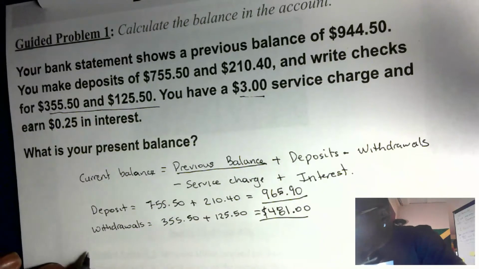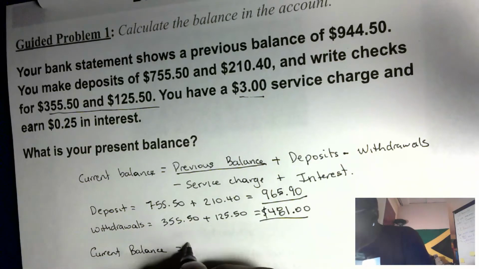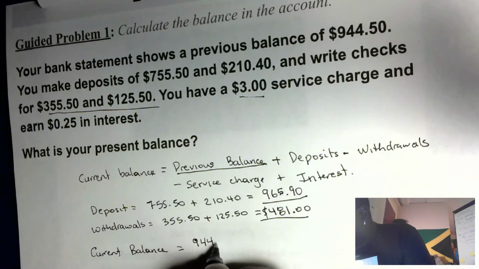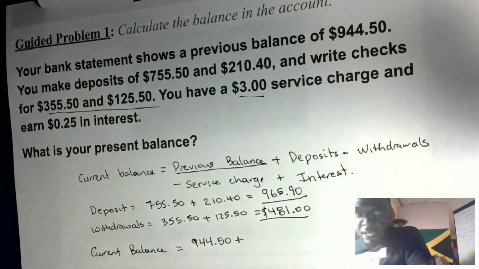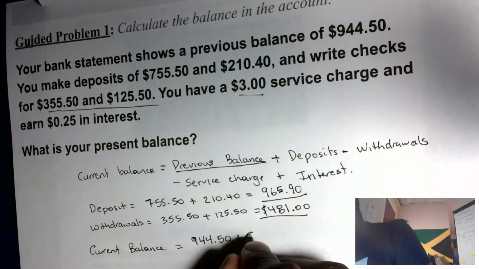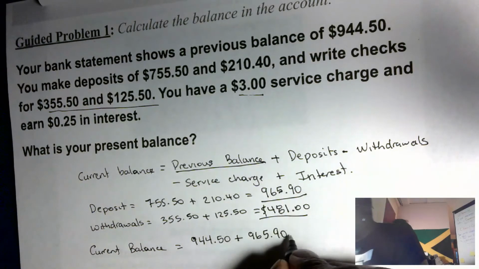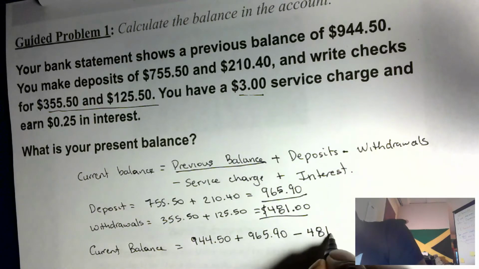To find my current balance, it's going to be my previous balance, which as we can see is 944.50, plus whatever deposit I made, which is 965.90, minus 481.